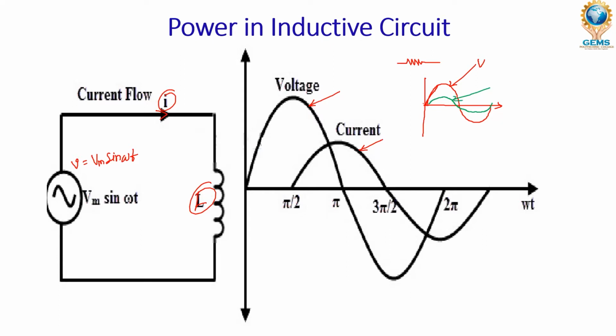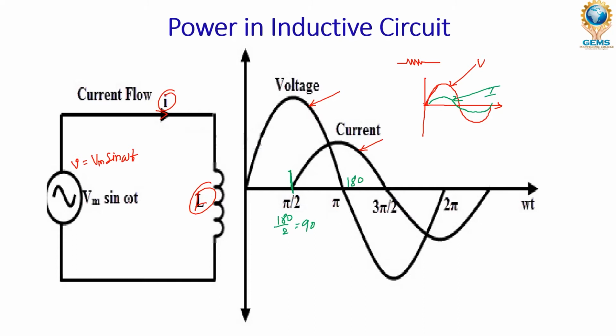But in this, here you can see current is going to delay. Current is delaying with pi by 2, means this is pi, that is 180. Pi by 2 means 180 by 2, that is equals to 90. We can say the current in inductive circuit is lagging with an angle of 90 degrees.